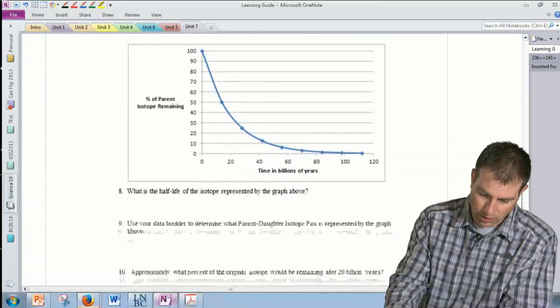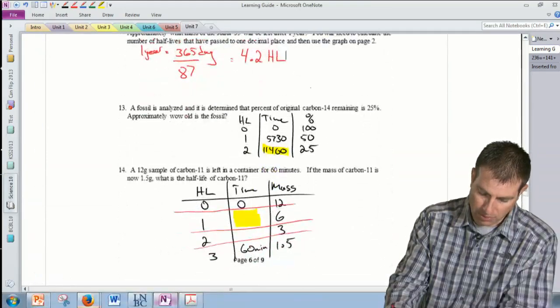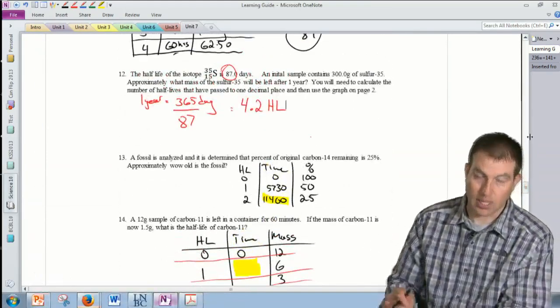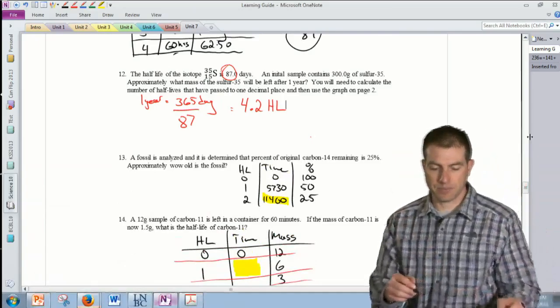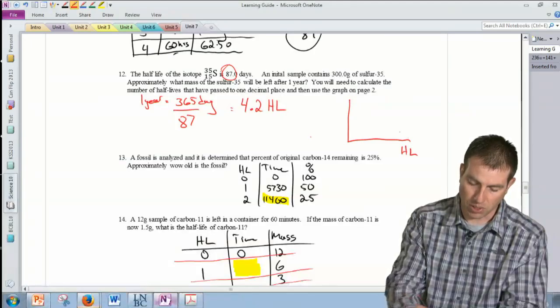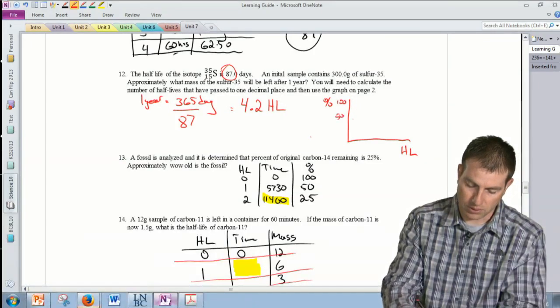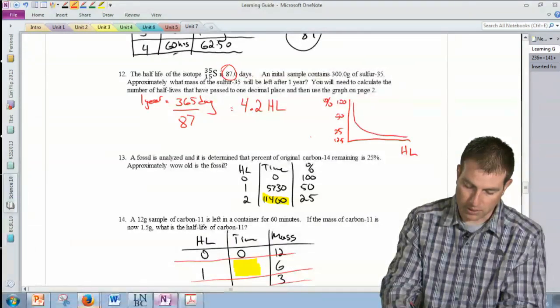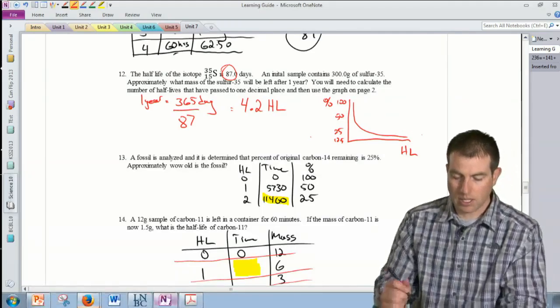If we had a chart that compared the number of half-lives as a percentage, we could look at that. If we had something like this that had half-lives down on the bottom and then percentage on this, and we had 100 and 50 and 25 and 12.5, and our decay curve went down like that, we could look at it.